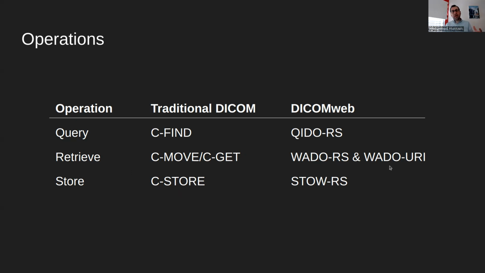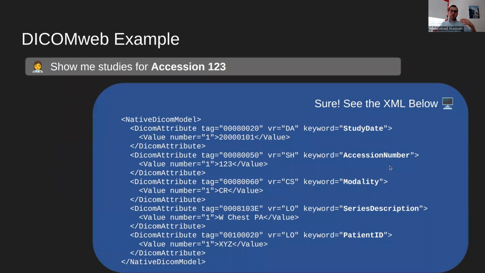Now, I talked about the chatter difference. So if you remember the previous slide with the chatter back and forth, this is kind of what it would look like for DICOMweb. Let's say, for example, the doctor here is using a viewer and basically just wants to see the studies for accession 1, 2, 3, any studies matching that accession. Hopefully it's just one.